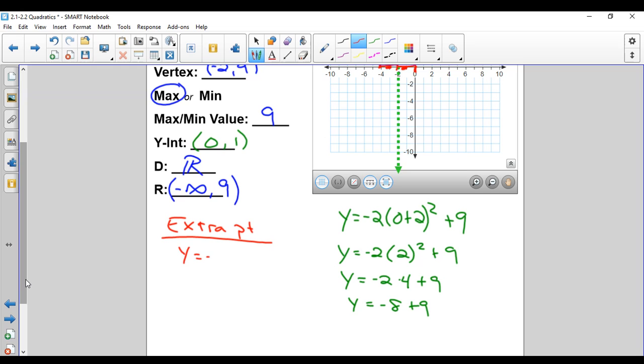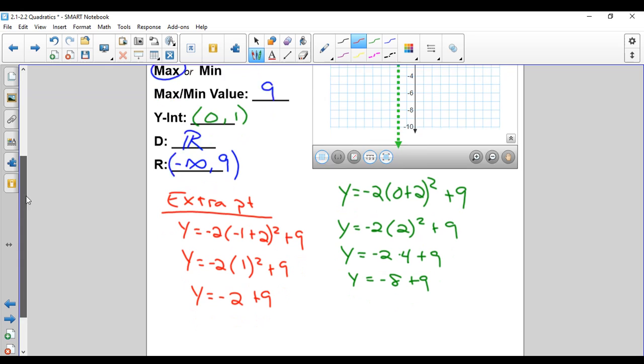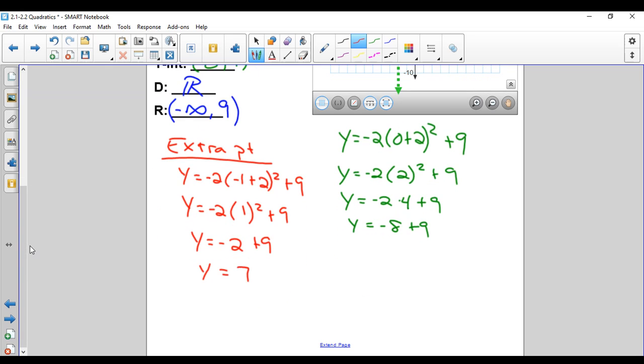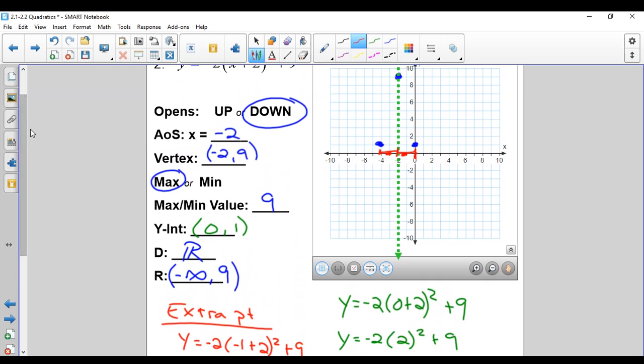I'll plug in -1: -2 times (-1 plus 2) squared plus 9. -2 times 1 squared plus 9. y equals -2, I'm skipping a step there, plus 9. y equals 7. So that means when I plugged in -1, my value is 7.